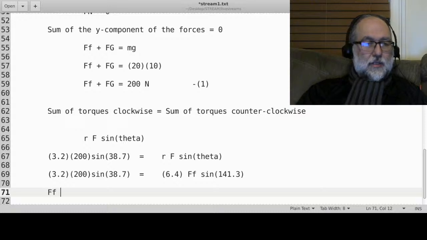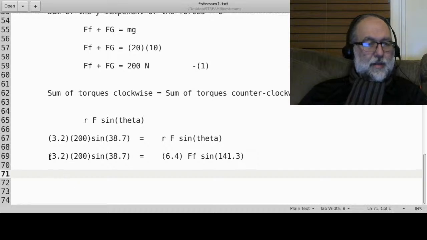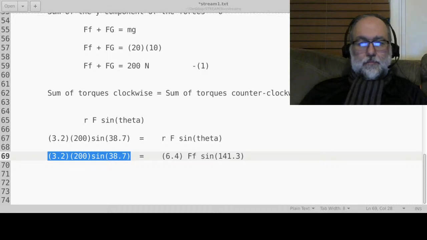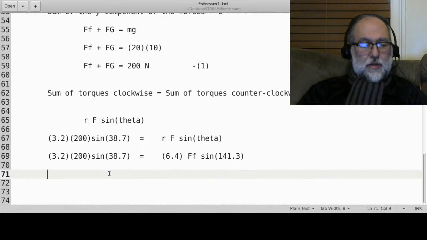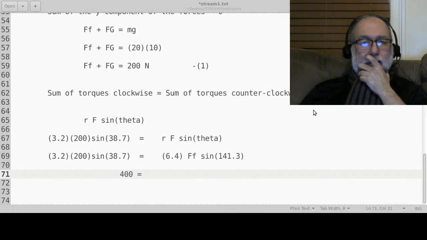So this tells me that FF is going to equal, well, let me do it in steps here. Let me calculate this first so you can see what's going on. This side is going to be 400, and that's going to equal, this side is going to be 6.4 times the sine of 141.3.